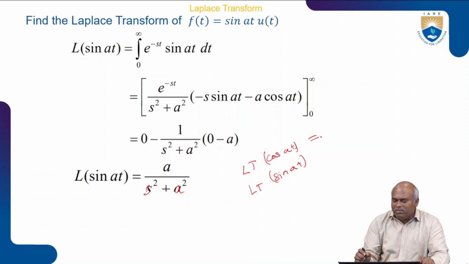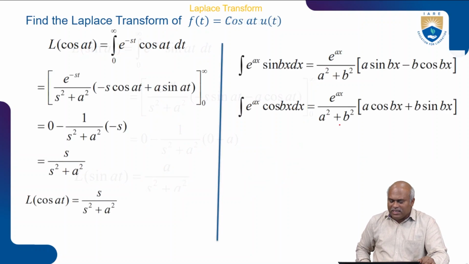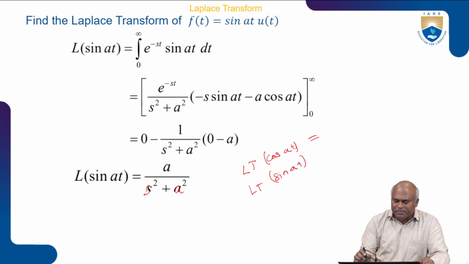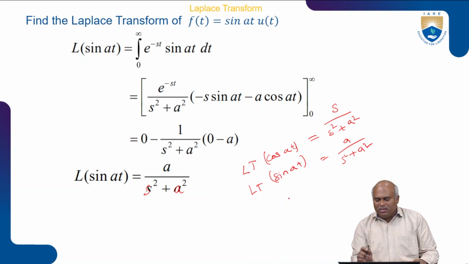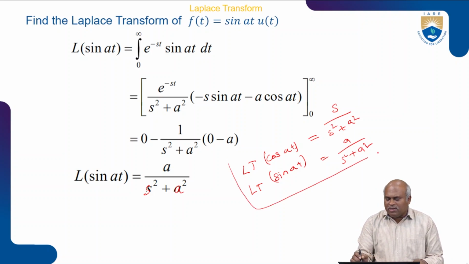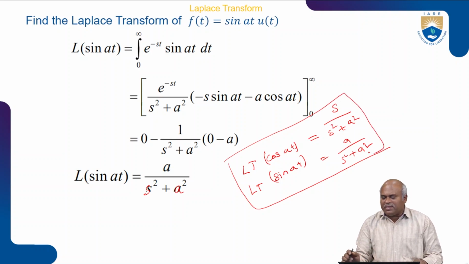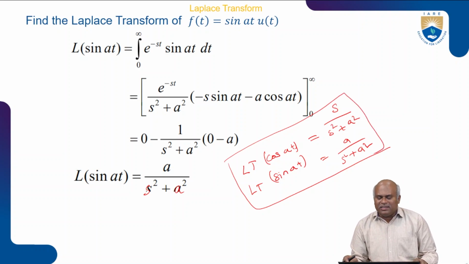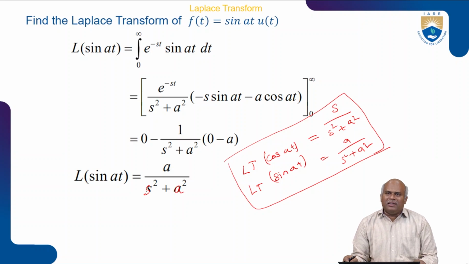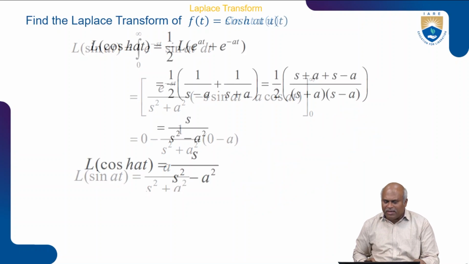For cos, it will be s divided by s square plus a square, and for sin, a divided by s square plus a square. So we know the formulas: the Laplace transform of cos at is s divided by s square plus a square, and the Laplace transform of sin at is a divided by s square plus a square.